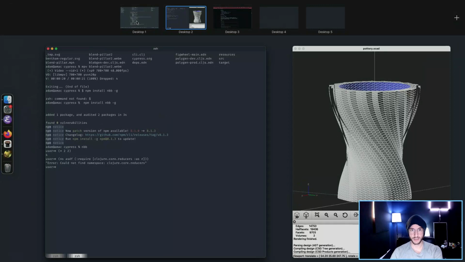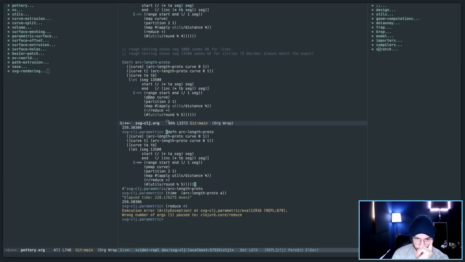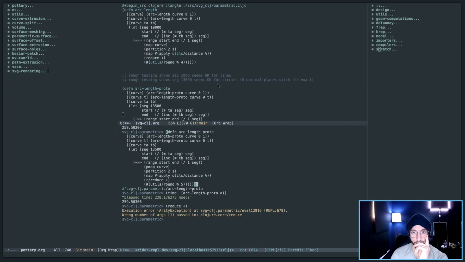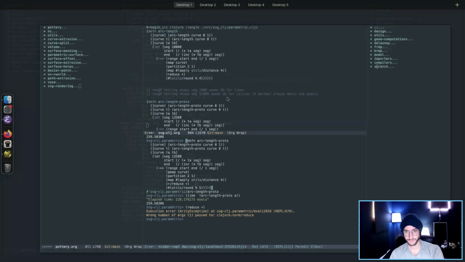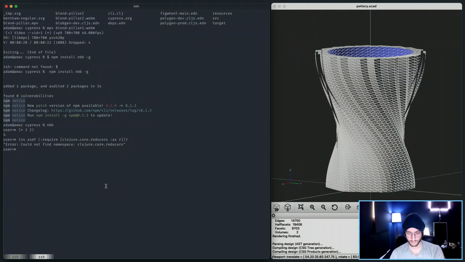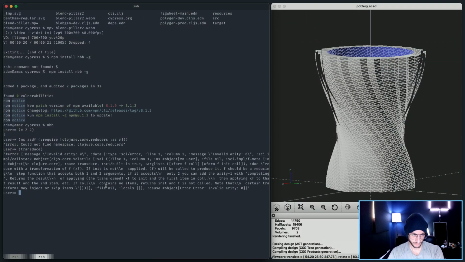Okay, well this might be a non-starter for me because I don't think... okay, so it does have transducers.